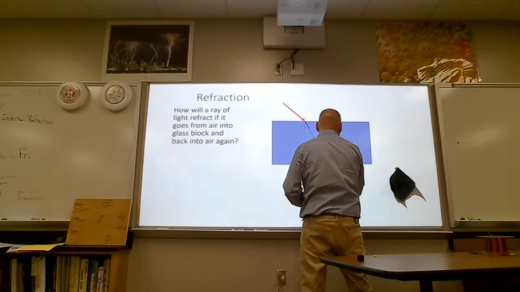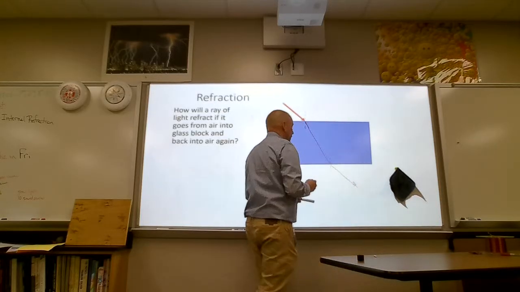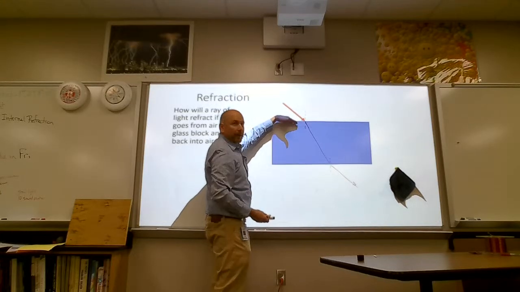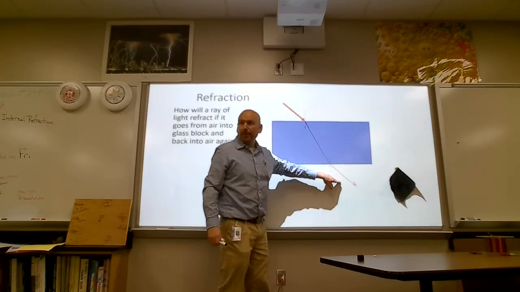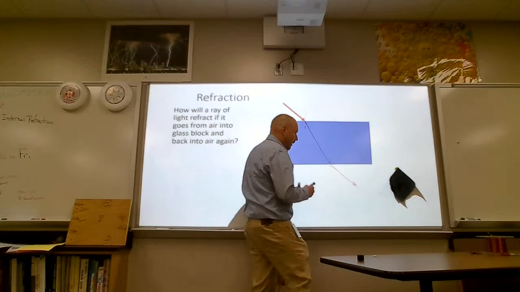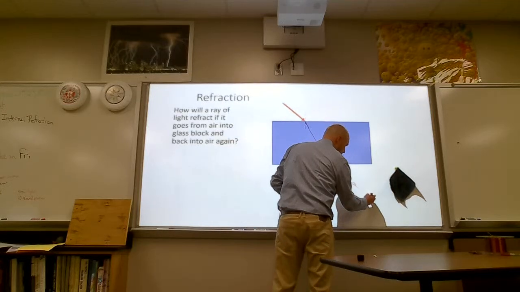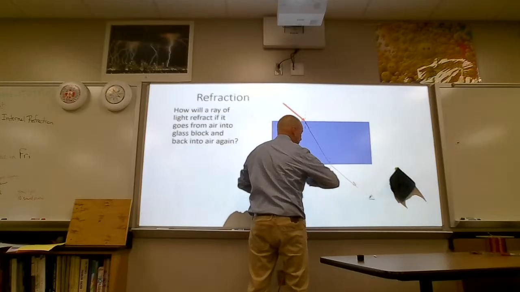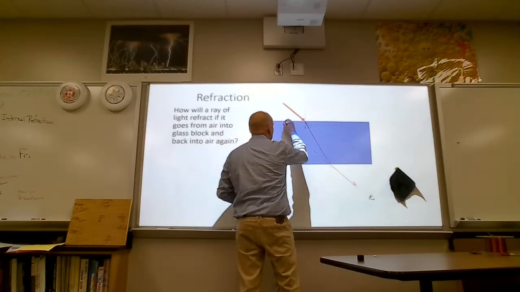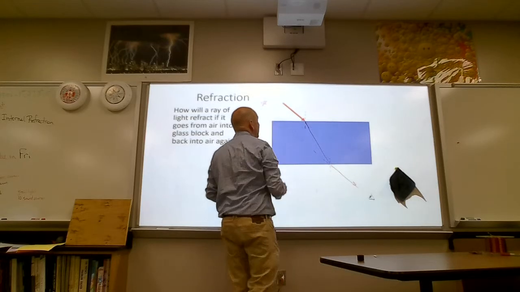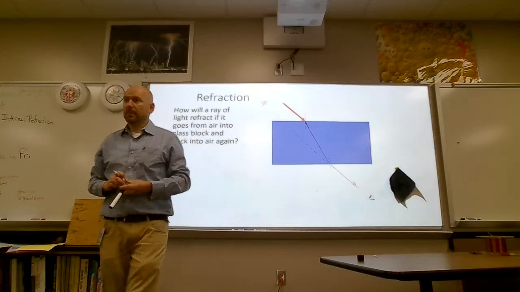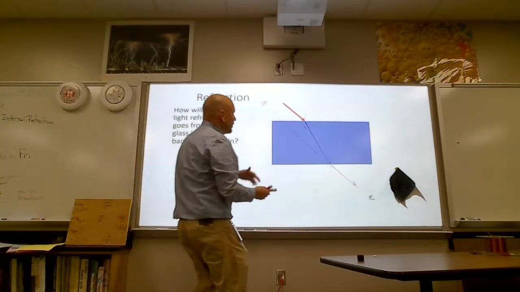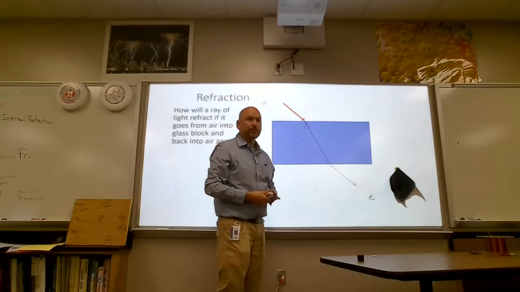Now, if this side and this side are parallel, then this ray and this ray are going to be parallel. So if your eyeball is over here looking at it, you think you see the object over here, shifted ever so slightly, depending on your angle and how thick the glass is.